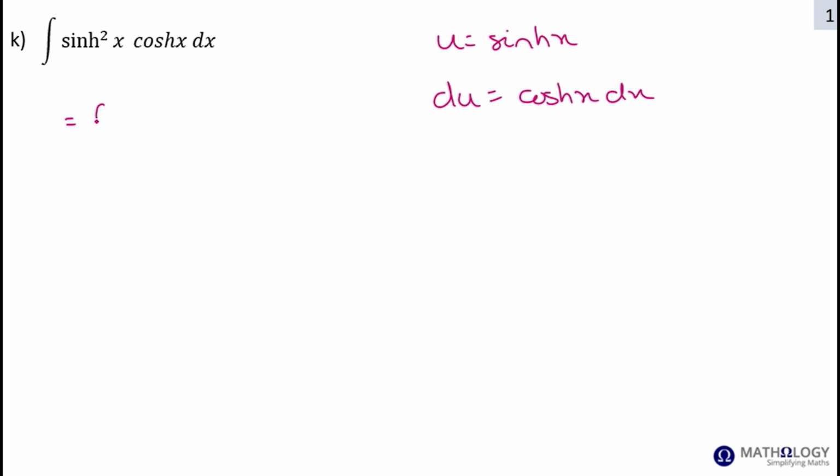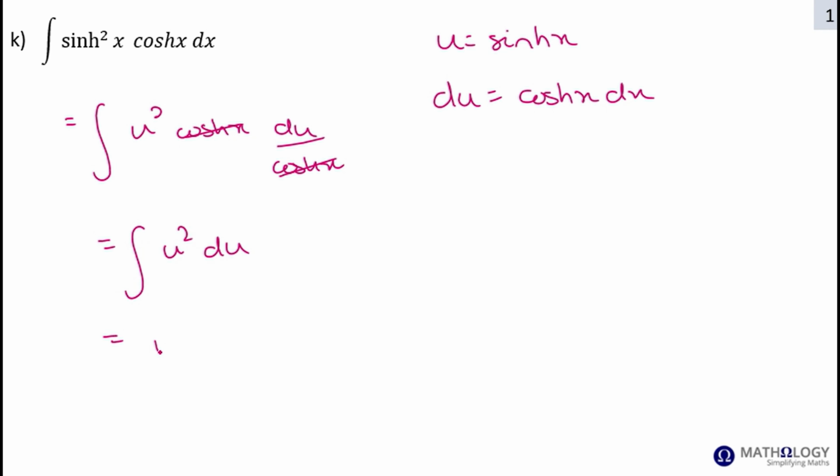So that equals the integral of, sinh x is u, so we're going to have u squared cosh x, and dx is du over cosh x. The cosh x will cancel. And we have the integral of u squared du. That equals u cubed divided by 3 plus the arbitrary constant. And that equals a third times u, which is sinh x, cubed, plus c.